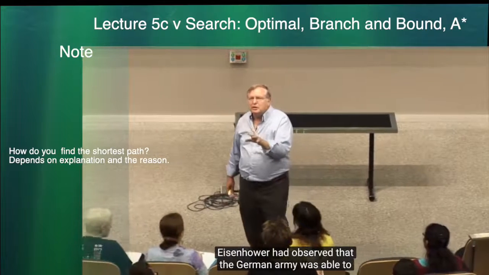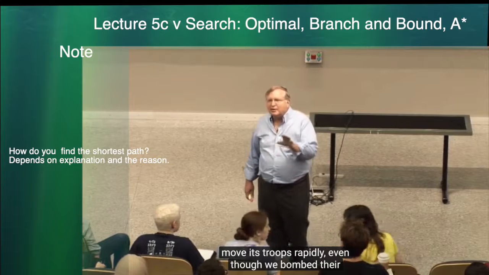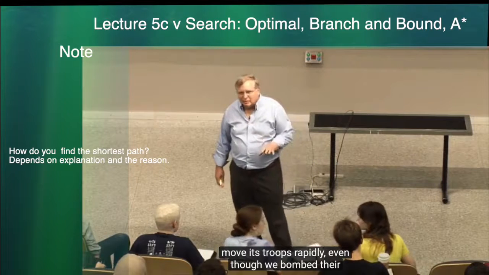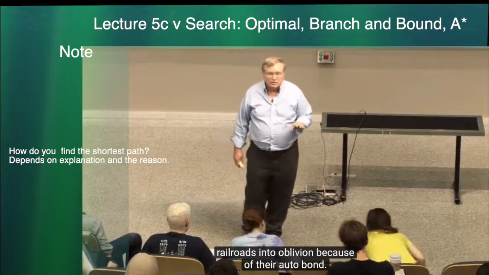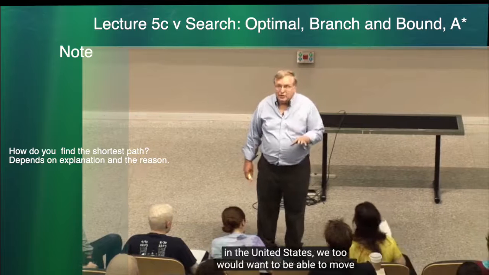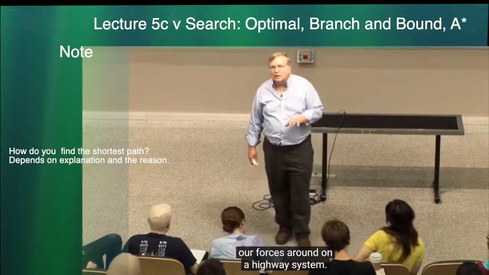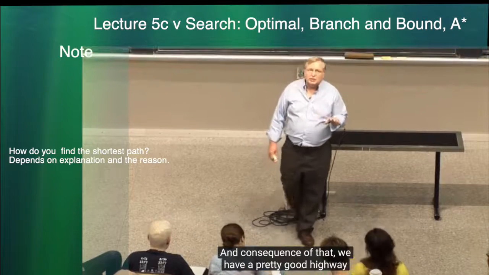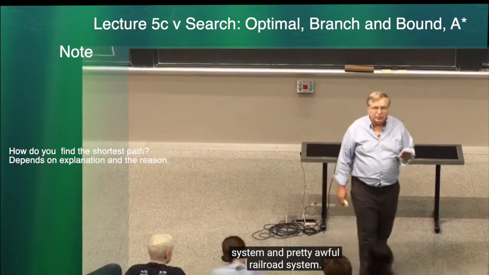Eisenhower had observed that the German army was able to move its troops rapidly, even though we bombed their railroads into oblivion, because of their Autobahn. So Eisenhower conceived that if there were ever an invasion of the United States, we too would want to be able to move our forces around on a highway system. In consequence of that, we have a pretty good highway system and a pretty awful railroad system.